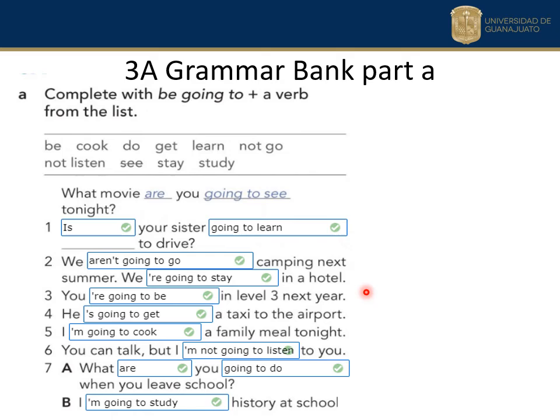You're going to be in level 3 next year. 4. He's going to get a taxi to the airport. 5. I'm going to cook a family meal tonight. 6. You can talk, but I'm not going to listen to you. 7. What are you going to do when you leave school? I'm going to study history at school.